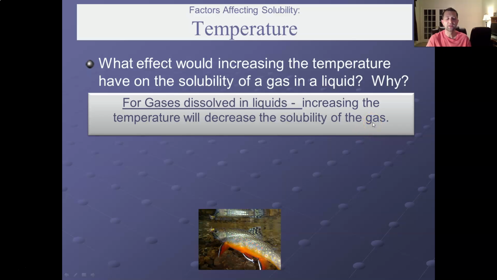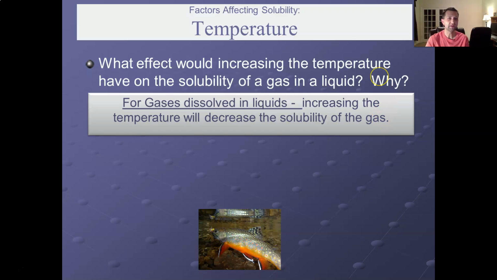Well, why is that? Again, go back to what we talked about on the previous slide. Particles move faster, right? If the gas particles in your soda are moving faster, they'll escape easier, right? It'll be easier to escape the soda and go into the atmosphere. And then when there's no CO2 left in your soda, it's flat, right?